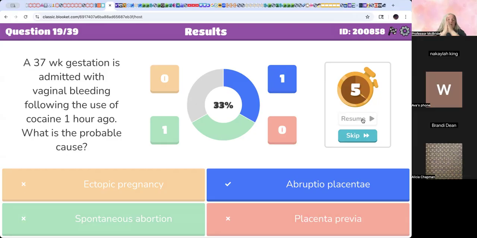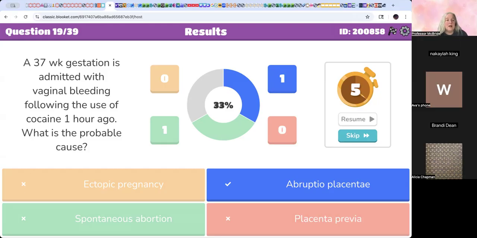Abruptio placentae is when the placenta starts to separate from the uterine wall before the baby's born. And this is something that definitely can happen with cocaine use. Cocaine tends to have no problem just blasting that placenta right off the wall.